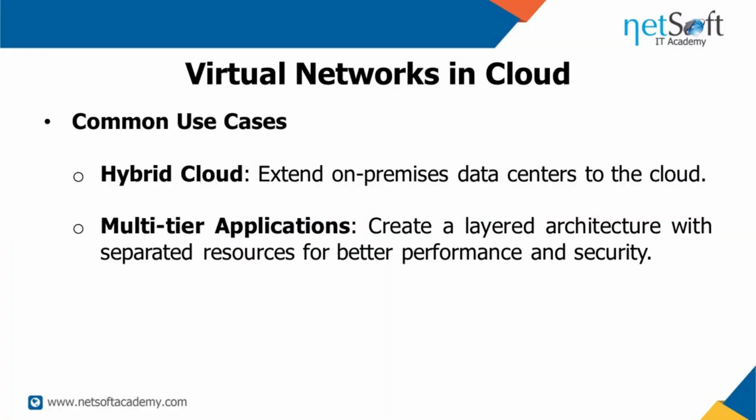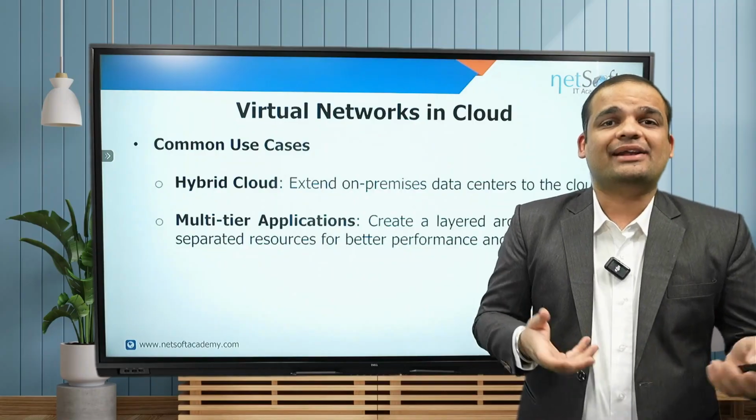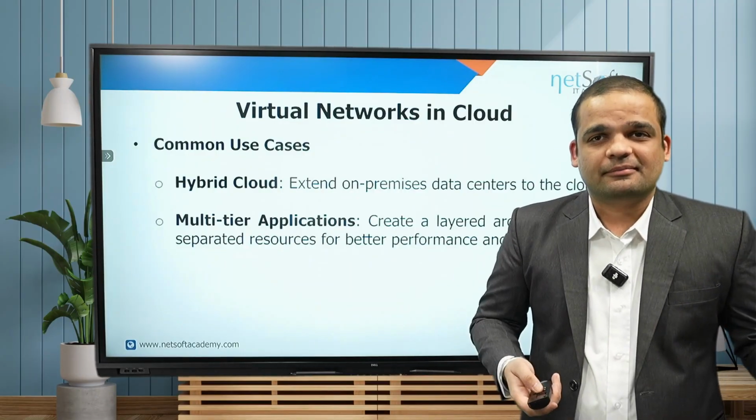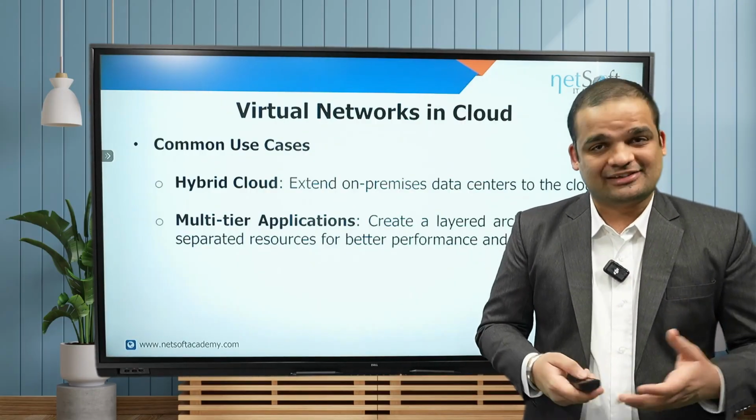How about multi-tier applications? Well, cloud networks easily allow you to implement multi-tier architecture where different components, for example web servers, application servers, or databases, are isolated in separate subnets. This improves security, performance, and also scalability.